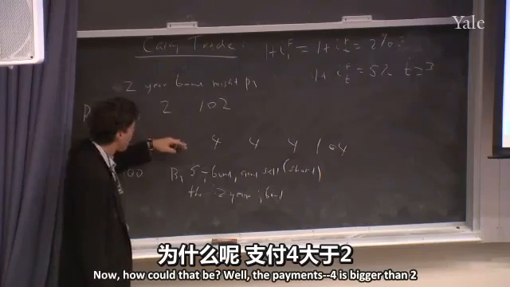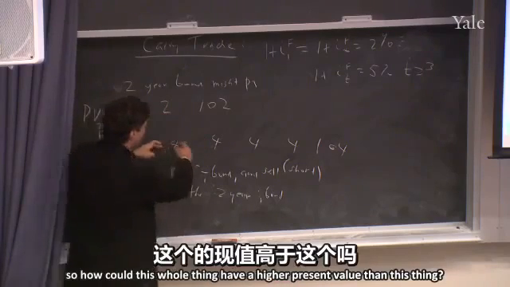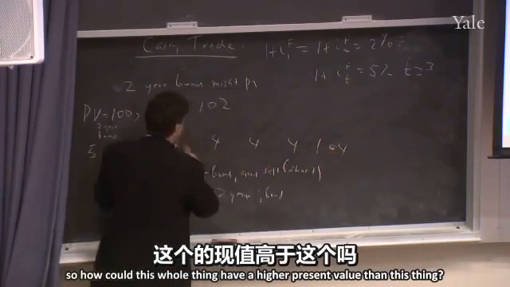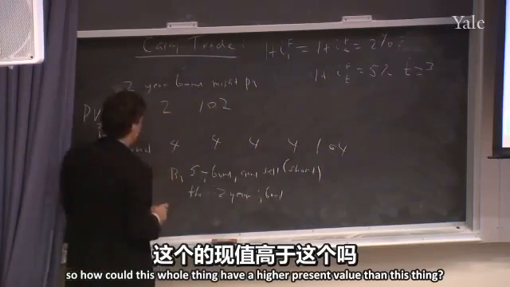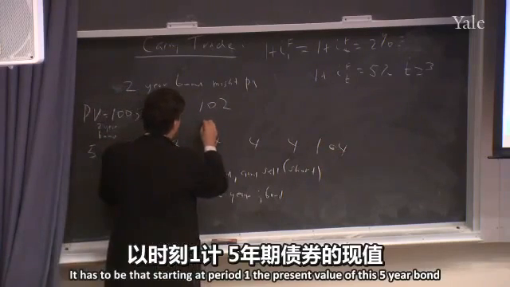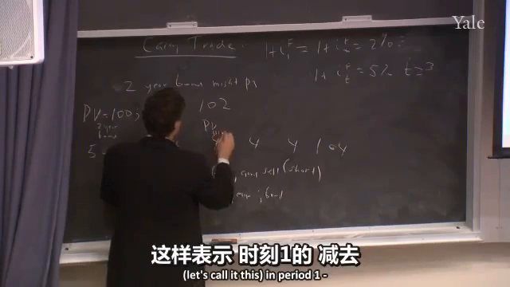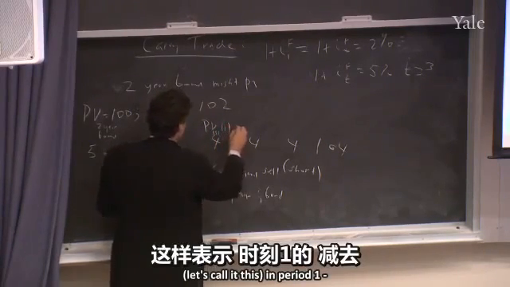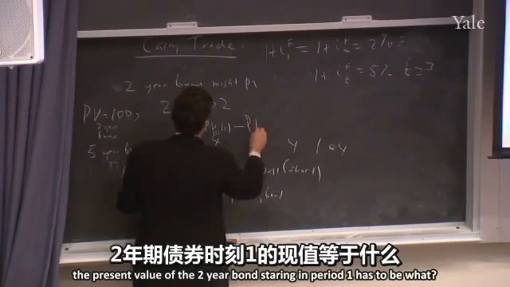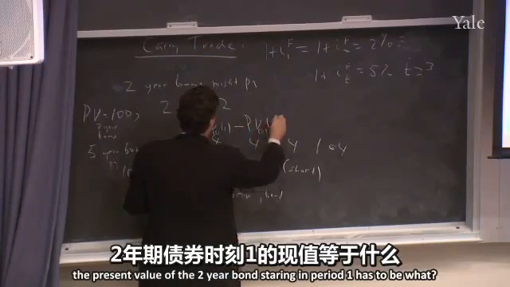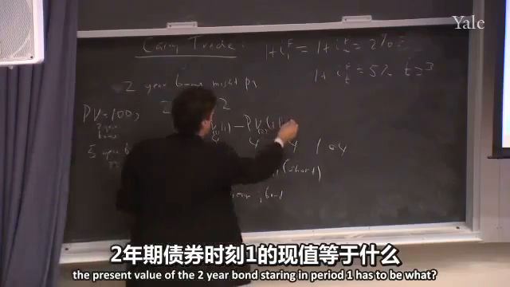Well, the payment 4 is bigger than 2, so how could this whole thing have a higher present value than this thing? It has to be that starting at period 1, the present value of this 5-year bond, minus the present value of the 2-year bond starting in period 1, has to be what?